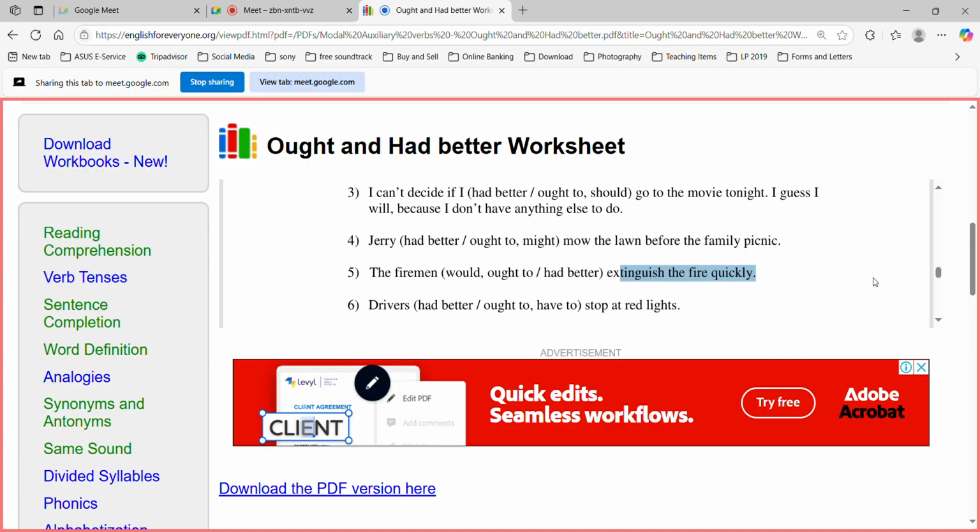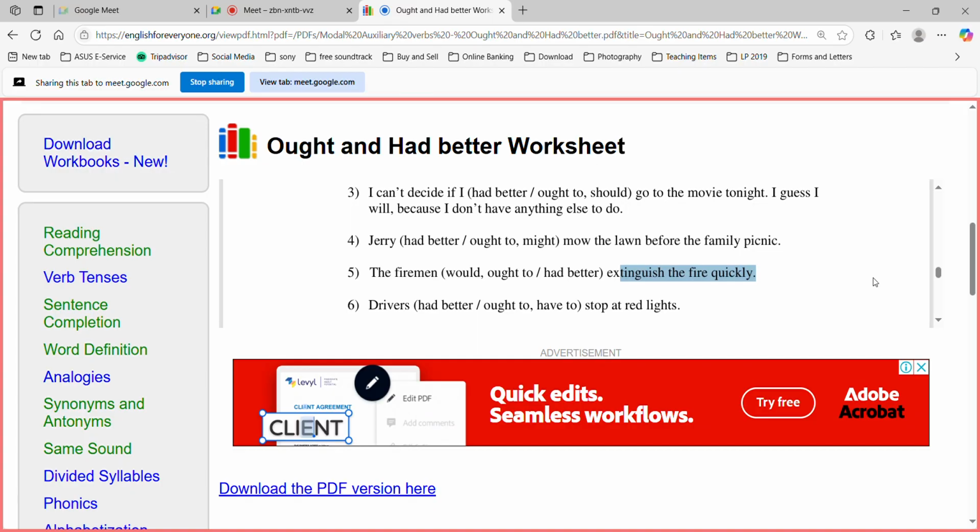Are you sure? All right, so I give you a hint. Extinguish the fire quickly. If you didn't extinguish the fire, what will happen to your house if you are in this situation? What will happen? Come on, the answer. You get my point, right?